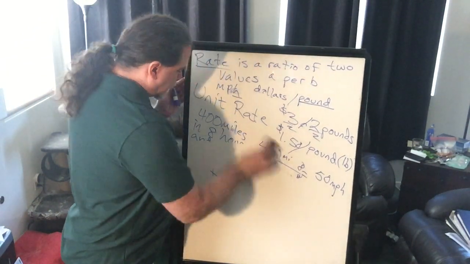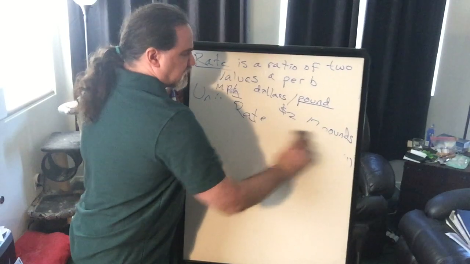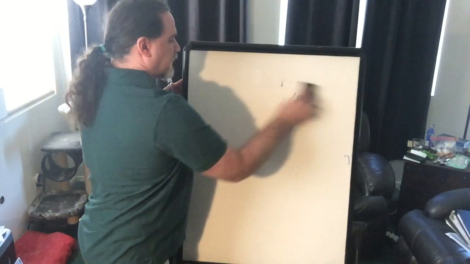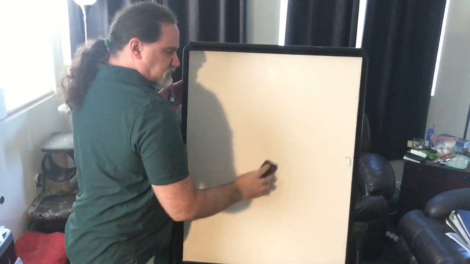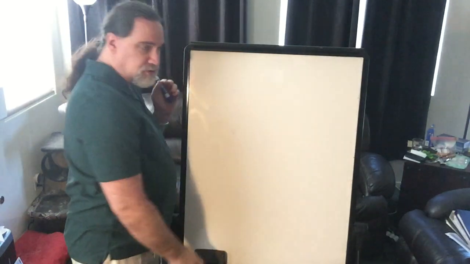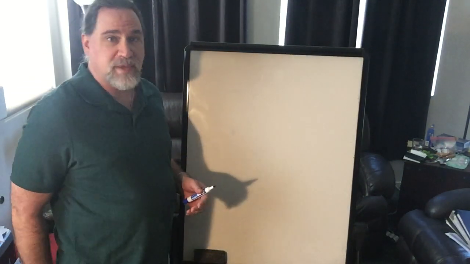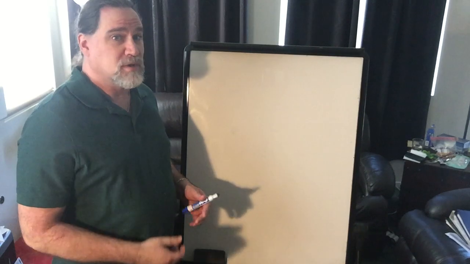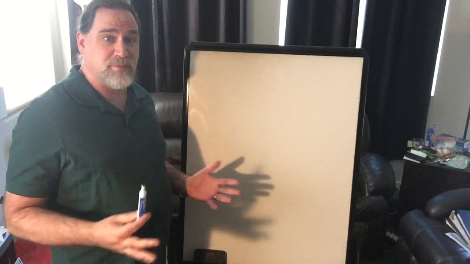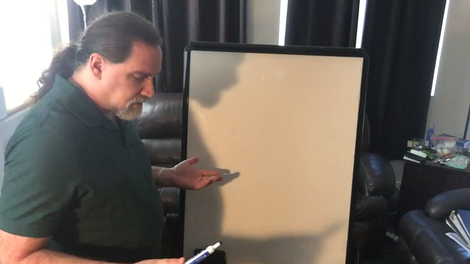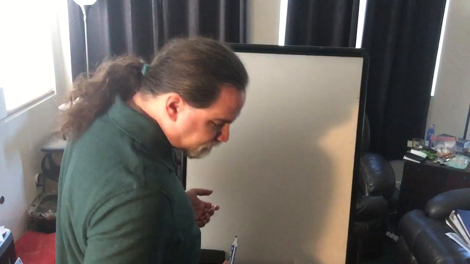So let's do a little real world application here, just for my own amusement. Again, this is something you may find yourself doing when you're living on your own. Maybe you're living in the dorms, maybe in your own apartment, maybe you got your job and you're starting to wonder which is a better deal.